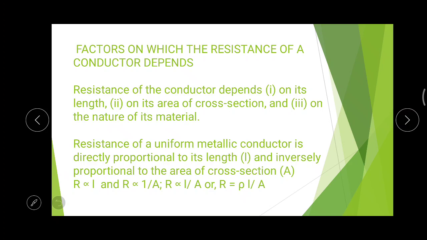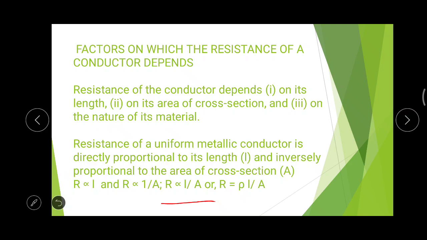If you are increasing the cross sectional area, then the resistance value will decrease. Now R is proportional to L and R is proportional to 1 by A. Combinedly we can say R is proportional to L divided by A. So we are using the proportional relation over there.